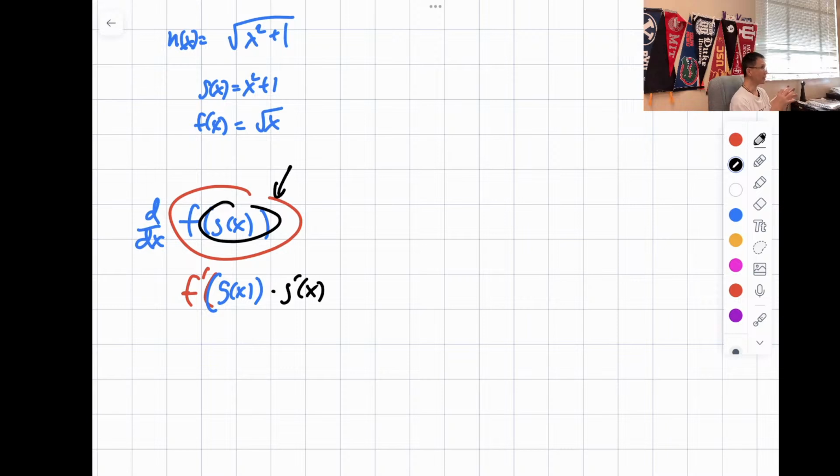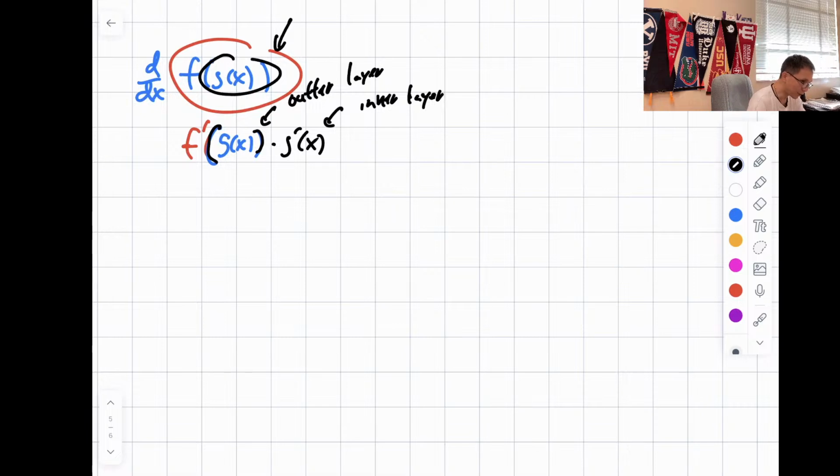So you're taking the derivative of each layer, but the inside layer is still inside. It's not going to be outside here. So this is the definition. This is the outer layer, and this is the inner layer. Now, when we get to trig, it might have inner of inner. So you have to be careful.